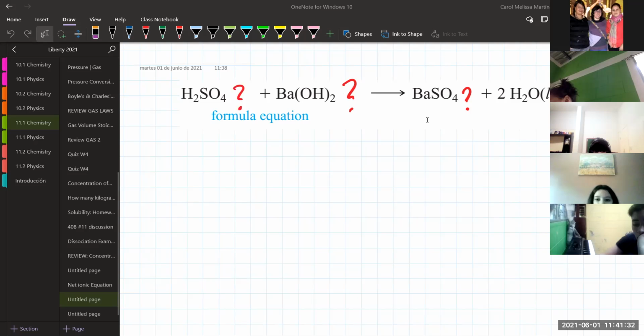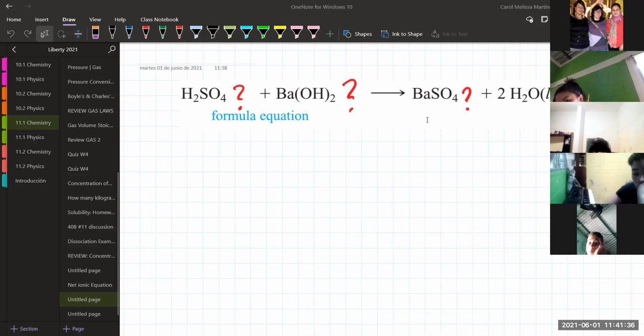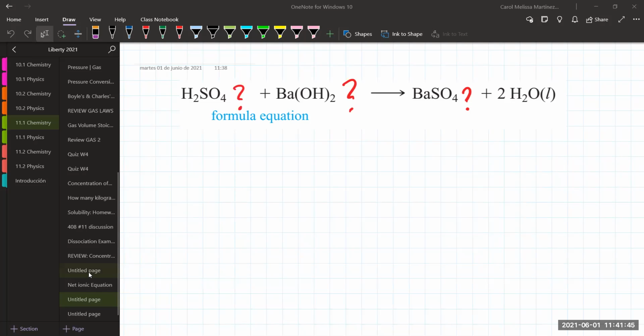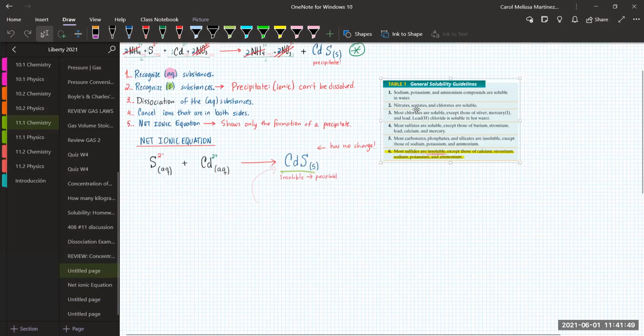Those are unknown. I want to know the physical state because that will define if I need to do dissociation or not. So to know that, all I need to do is use the table of solubilities.